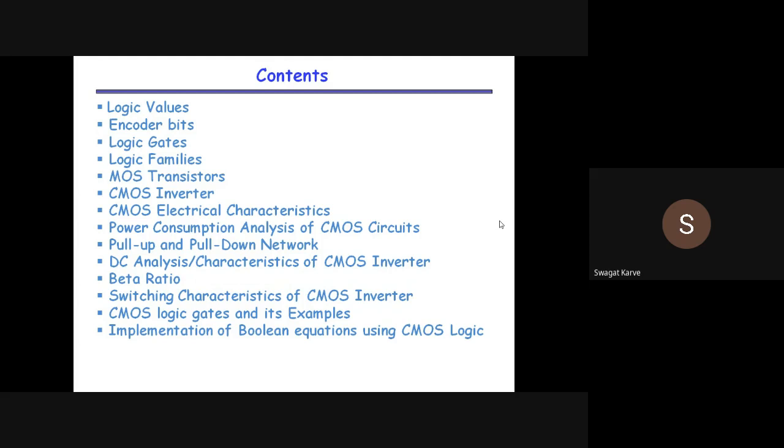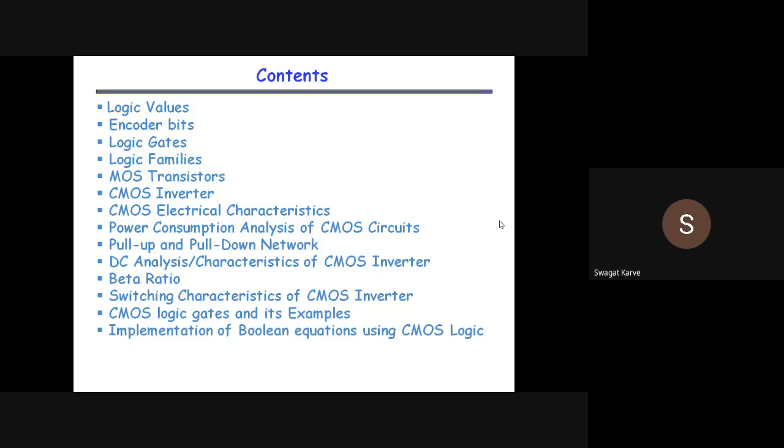Then logic gates, again we will revise some of the basic logic gates, that is AND gate, OR gate, NAND gate, NOR gate, and its truth table, that we are going to discuss. Then logic families.